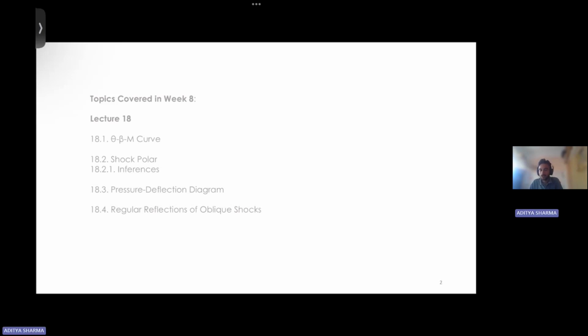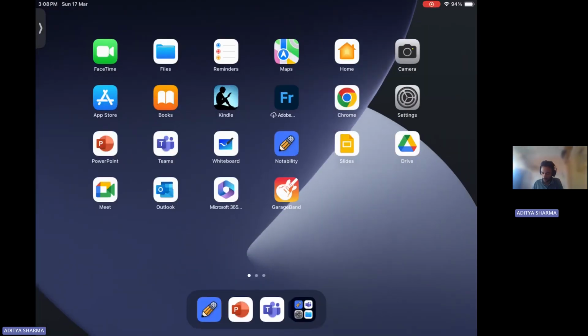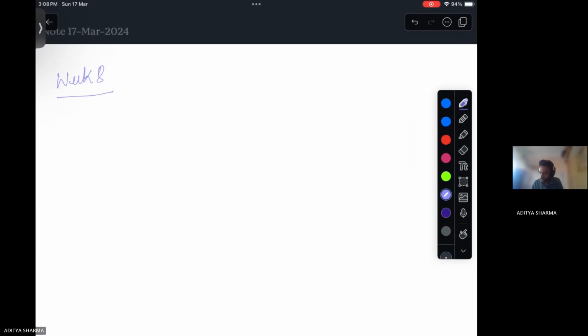There were two lectures in this week's content, week 8. The first lecture was lecture 18. In this topic, the first heading is the theta-beta-M curve. We have discussed this theta-beta-M curve, so I'll just revise this again. It's something like this.